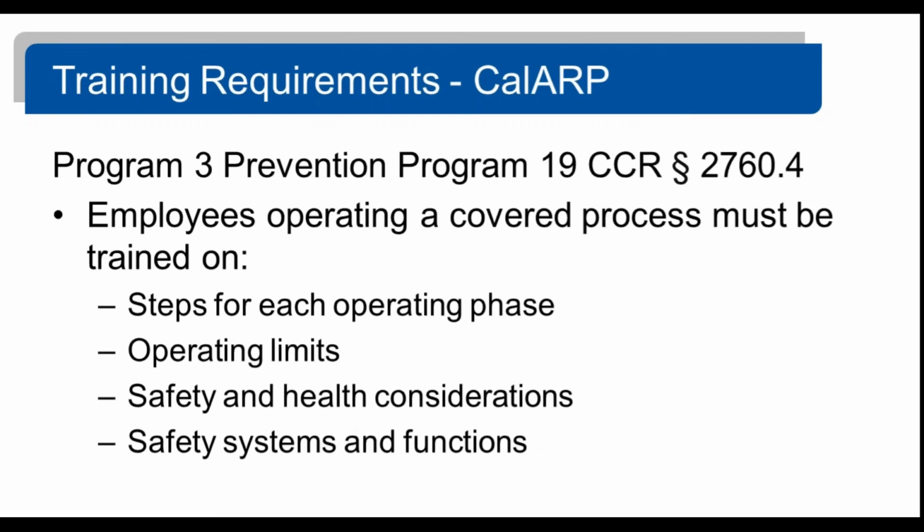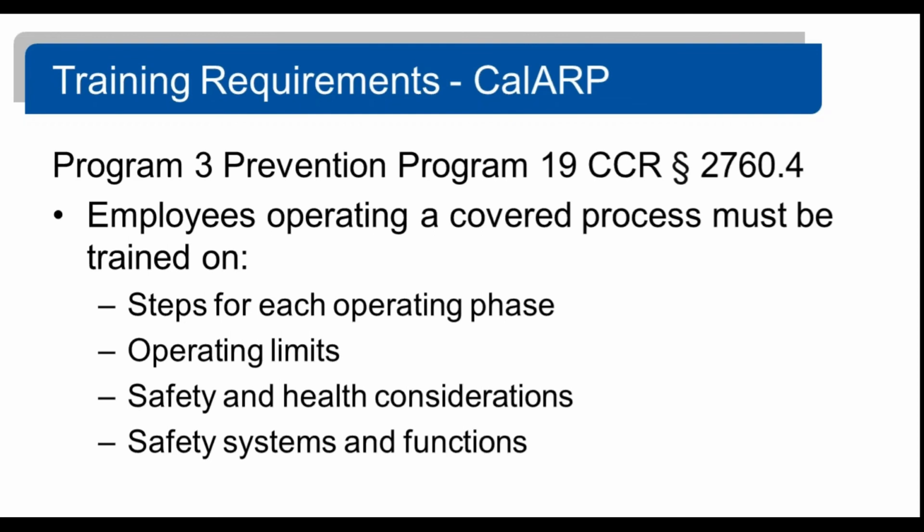So for Program 3, training requirements are spelled out again in state regulations, Title 19, California Code of Regulations, Part 2760.4. And again, the training only applies to those employees that operate a process covered by CalARP.